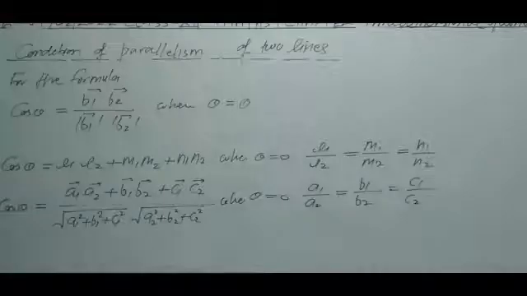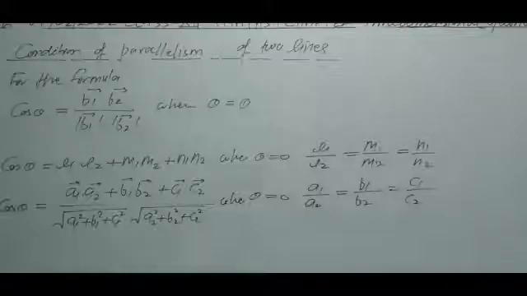This is the formula. In case of parallel, theta will be equal to 0 degree, so b1 dot b2 vector will be mod of b1 into mod of b2.